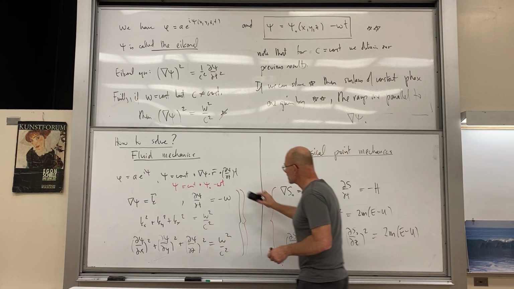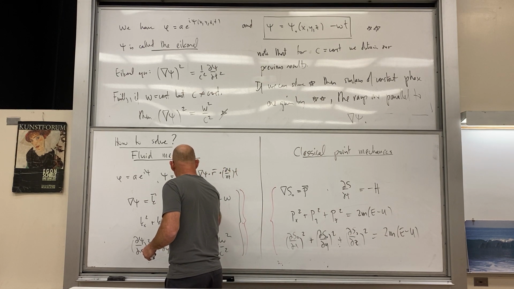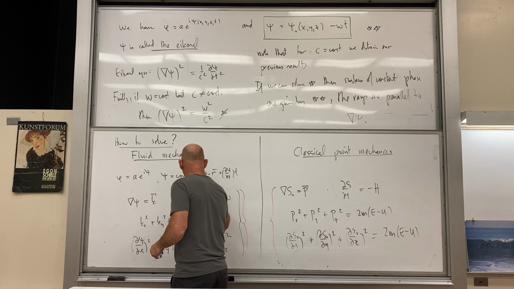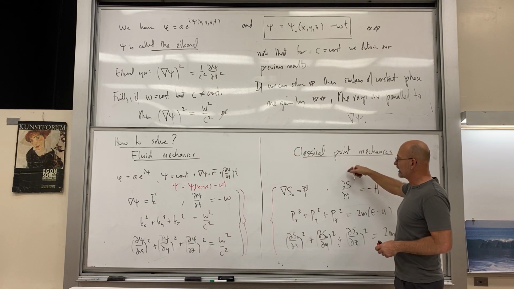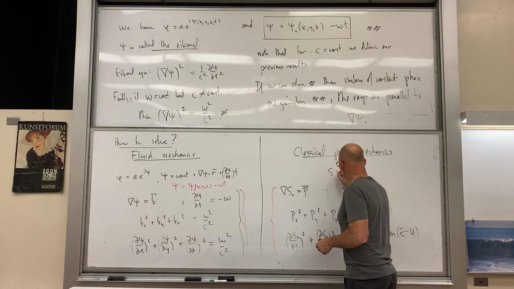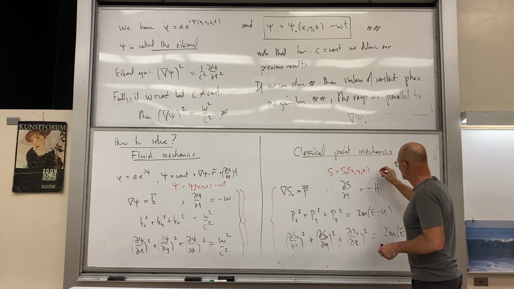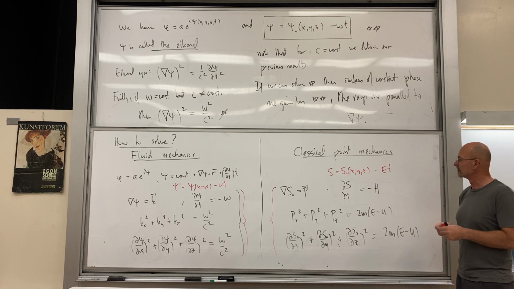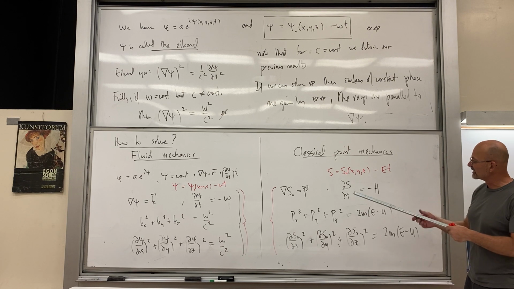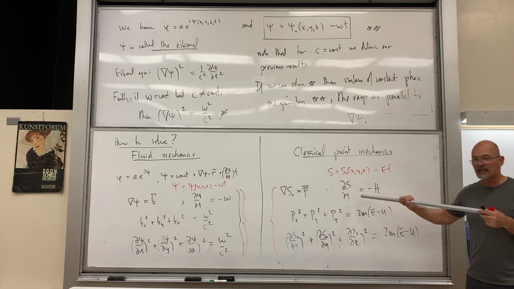I'll even ditch the constant just to make it look better. And what would we have over here? S equals S0 minus E times t, which is H, as we recall. So what we have, amazingly, is a complete analogy to the Hamilton-Jacobi theory.